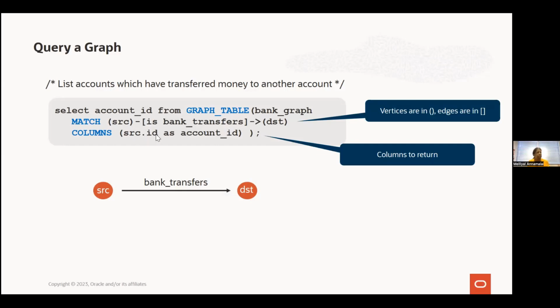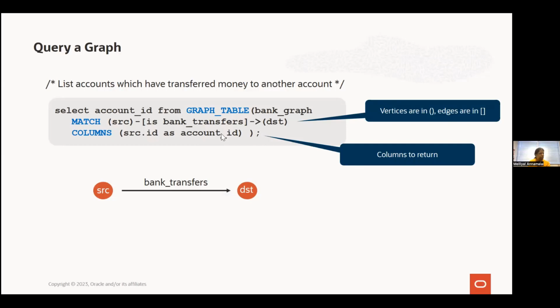So here I'm just saying, find me all edges in this graph that connect any two vertices or nodes. And then I'm projecting the columns that I want returned as results. I want to find basically every bank account that has made a transfer to another bank account. And visually, it will be something like this.